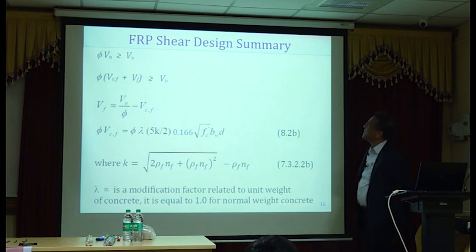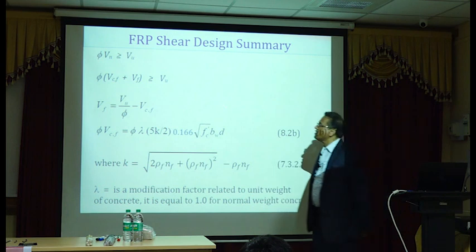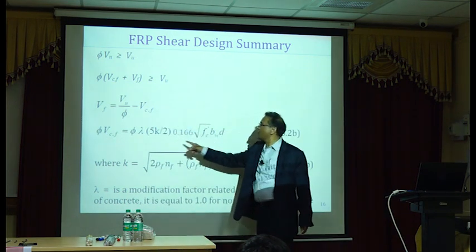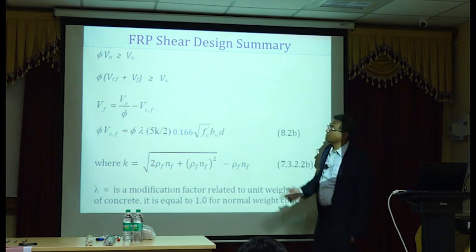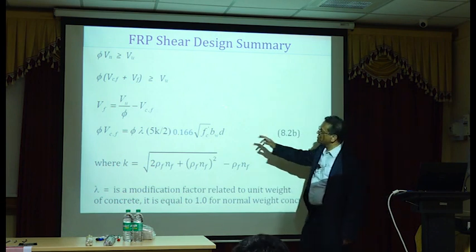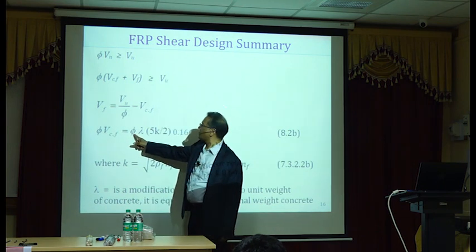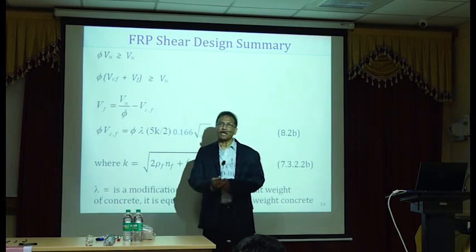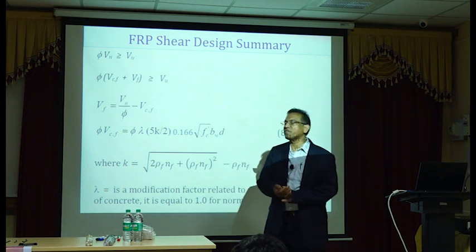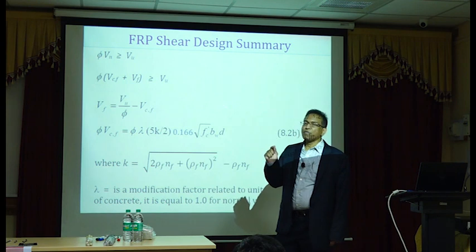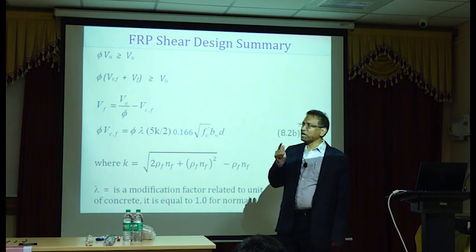Now, in summary, once again, we'll summarize the shear strength contribution from the concrete alone. That would be this one. Phi is 0.75. Lambda is for weight of the concrete. For normal weight of concrete, lambda equals 1. For lightweight concrete, lambda equals 0.85.